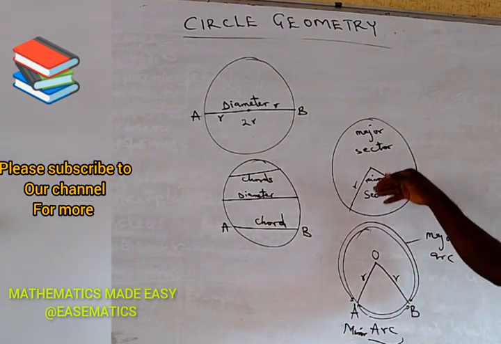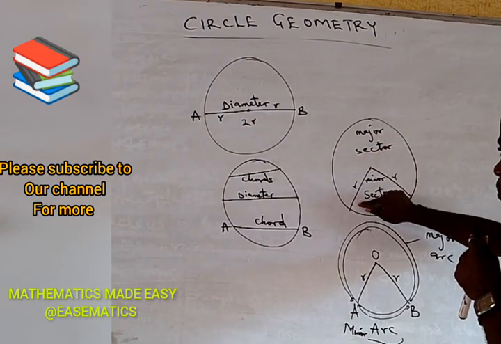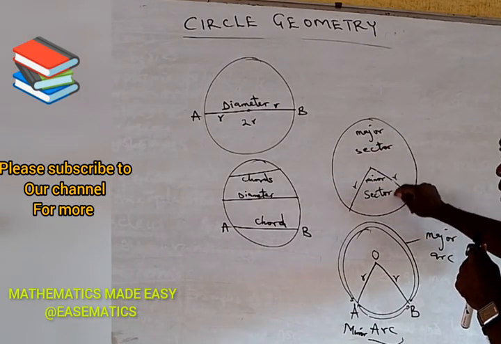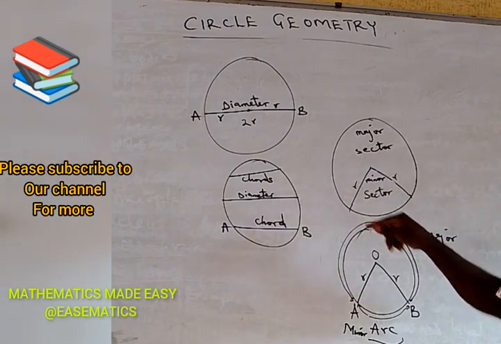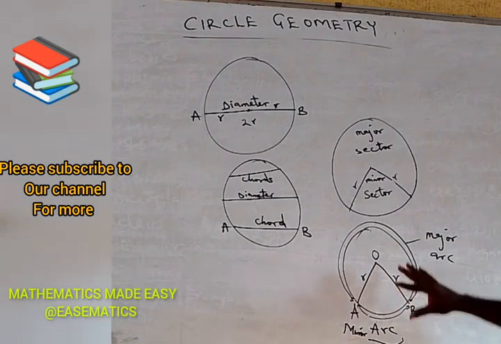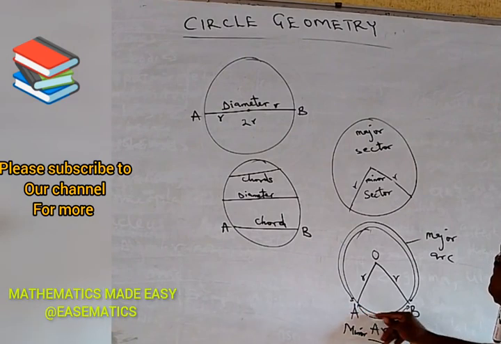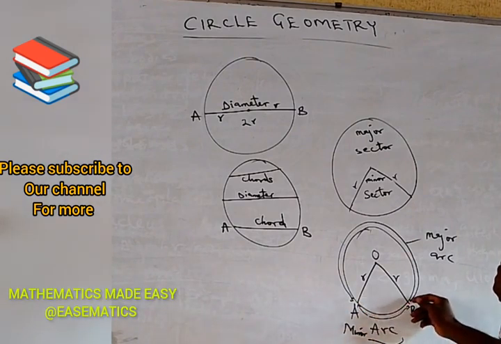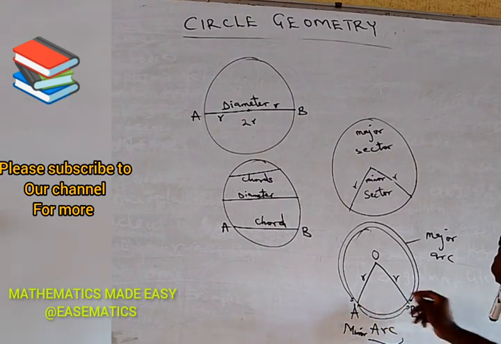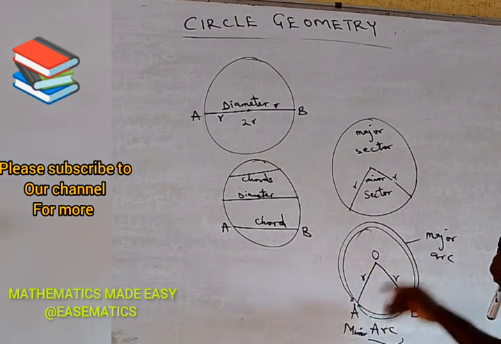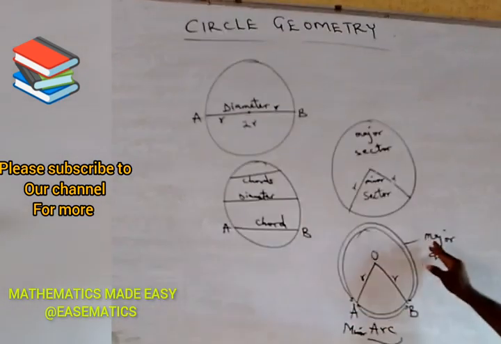They cut out an outer part, and that outer part is called an arc. Remember, it is different from a sector. A sector is an inner section. When we talk about the sector, we talk about this inner section that is being cut out when two radii join at the circumference of the circle. The inner section they cut out is the sector, but the outer part that is being cut out when two radii join with the circumference of the circle at different points is the arc, having the minor arc and the major arc.